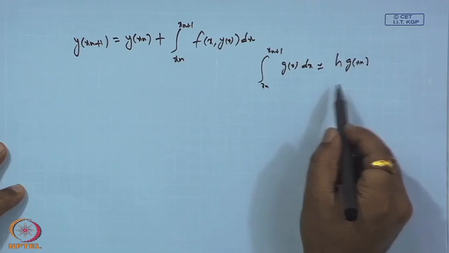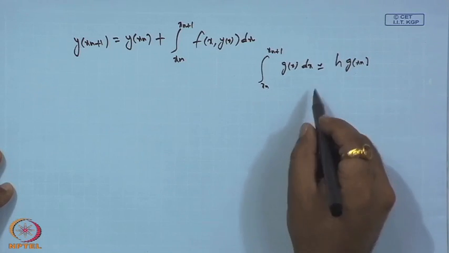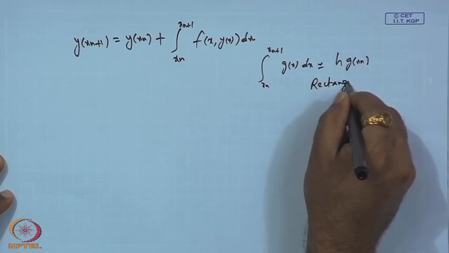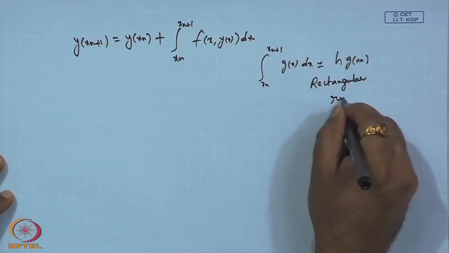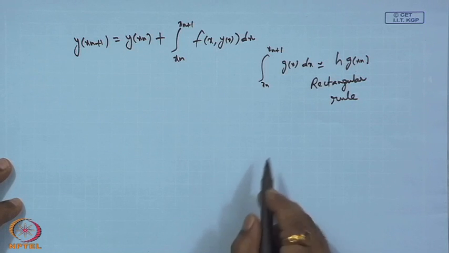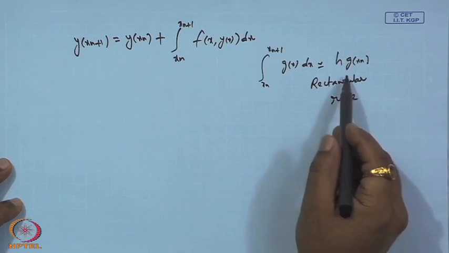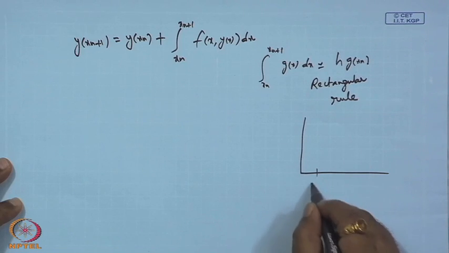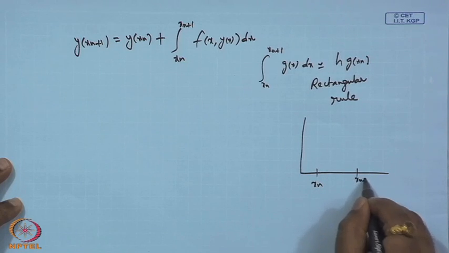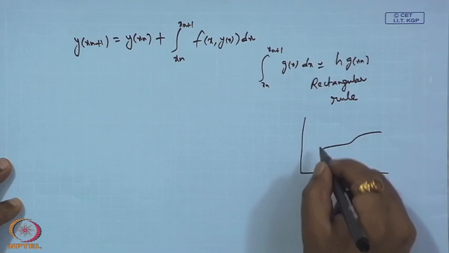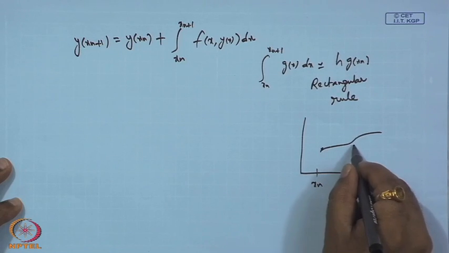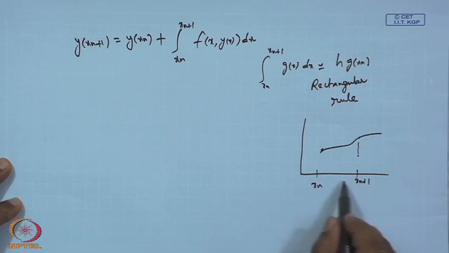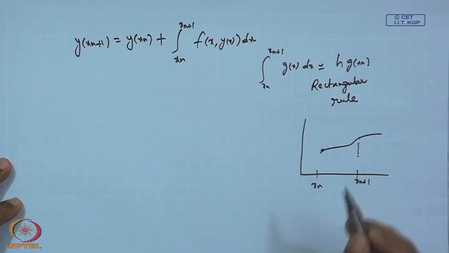Okay. So, this is called the rectangular rule. So, g of x between x n to x n plus 1 you are approximating by the difference h, so h times g of x n.